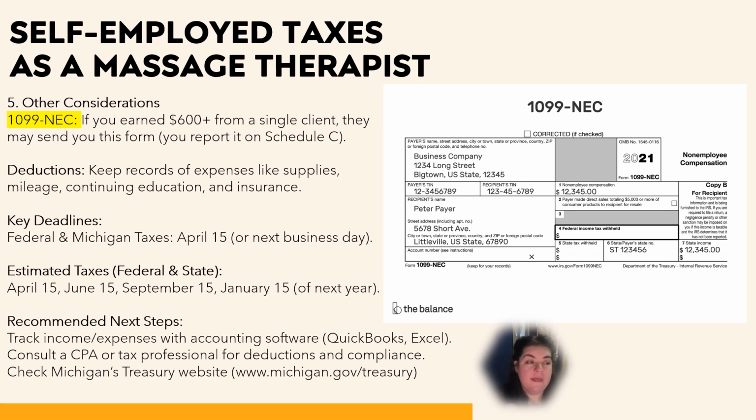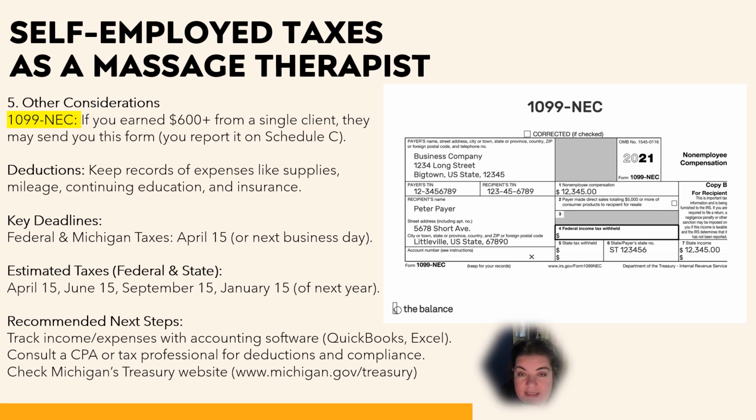All right, everyone. There are also other forms to consider. One of them is if your client sends you this one. This one's pretty interesting. If they have paid you $600 or more for the year as your client, they might send you a 1099 NEC. All right. You could also receive a 1099 miscellaneous MISC.